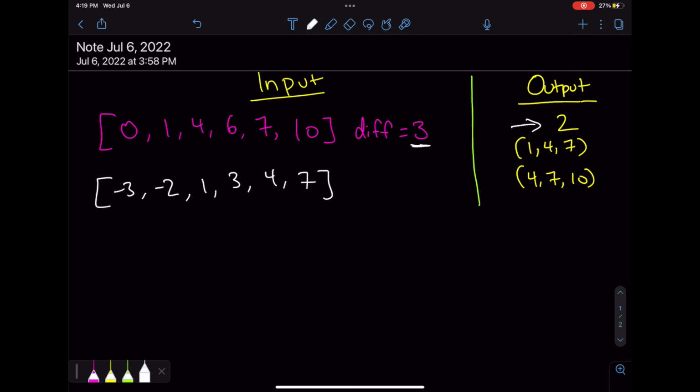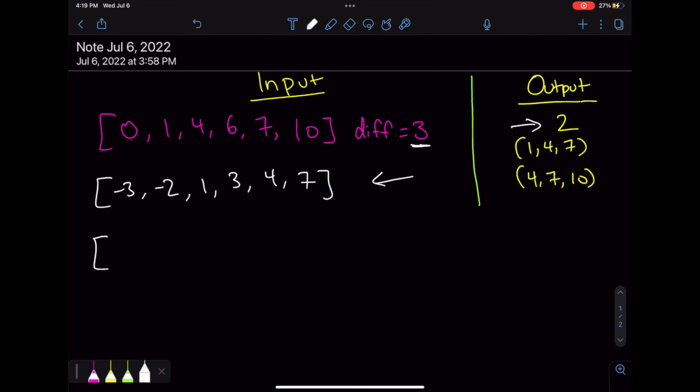Now, we need an interval that's one difference away as well as two differences away, since the difference between i, j, and k has to be the same. So as we're creating this array, we should also create an array with all elements that are 2 times the difference away.